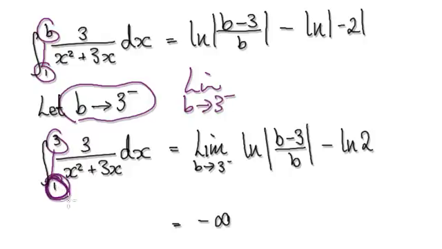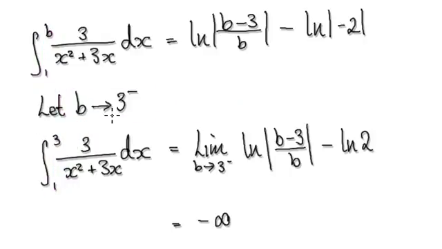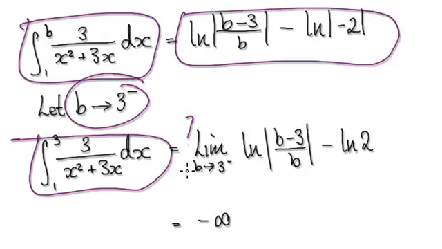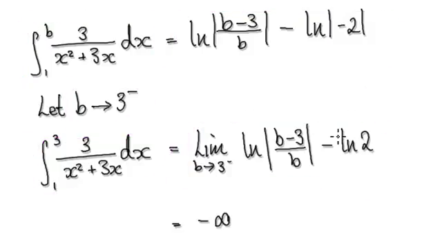If you allow B to head towards 3, this whole thing here will become this. We can forget about the limit for this constant, because it doesn't contain B. We can just leave it as a constant.